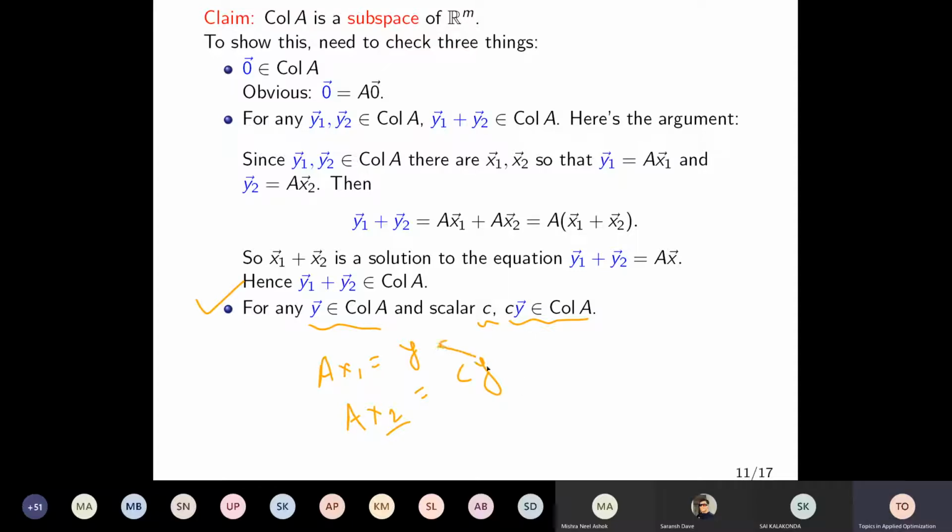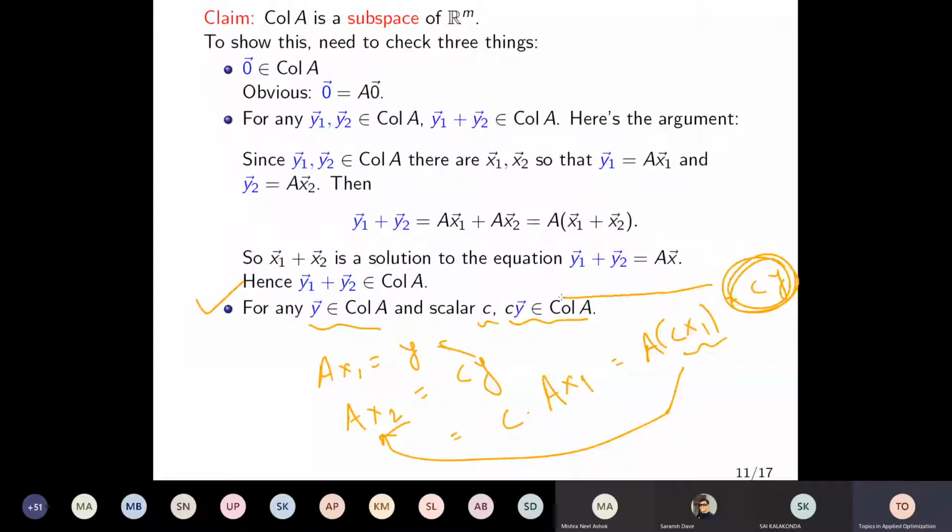So this is c times A x1, and I can move c inside, so this is A times c x1. So the x2 I was looking for is nothing but c times x1, which becomes cy.